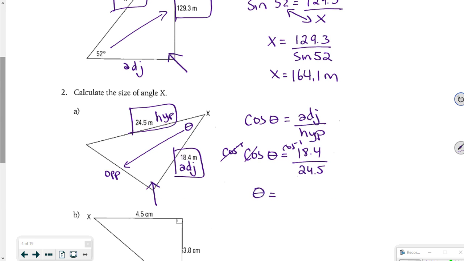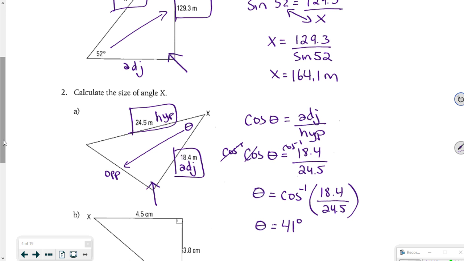So that our angle, these cancel, is the inverse cos of 18.4 over 24.5. And again, you're doing second cos to get the cos -1 on your calculator. When you work this one out, your angle works out to be approximately 41 degrees. Make sure you include the degrees sign because you're talking about an angle.